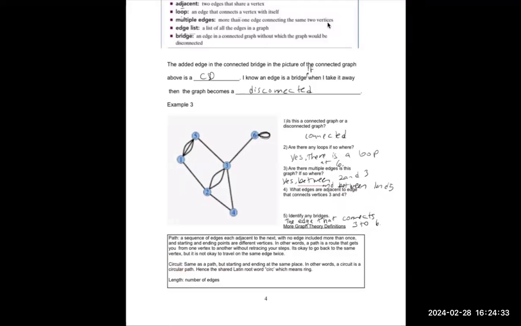So that's what a circuit is, hence the word circ, like circle and circular. Circ is a Latin word for ring. So a circuit is a circular path that begins and ends in the same spot. And then the length is the number of edges in a path or a circuit.